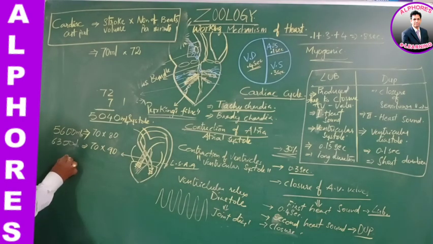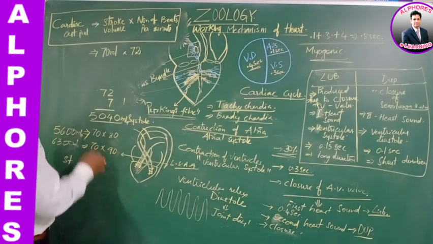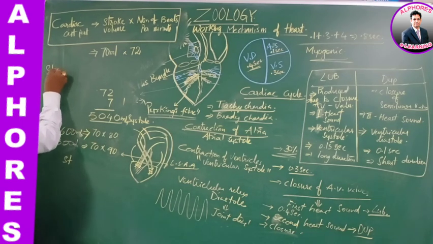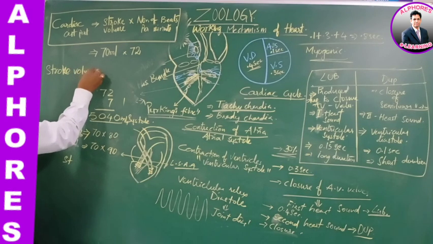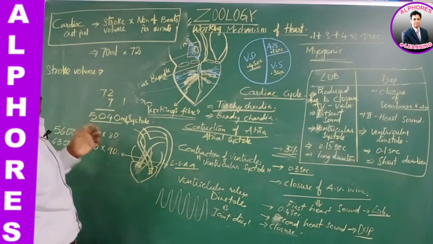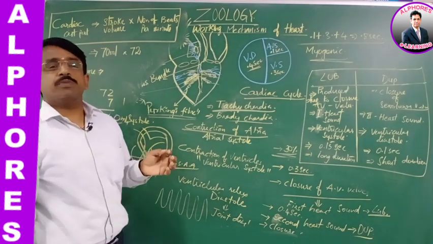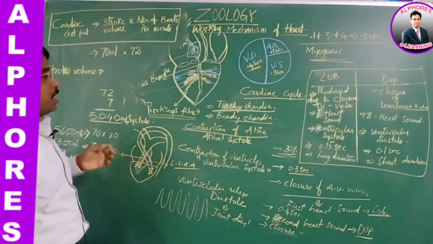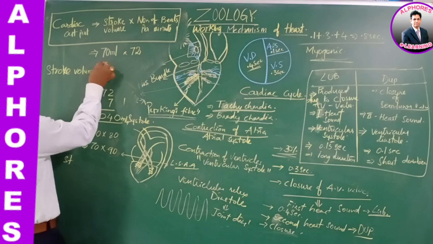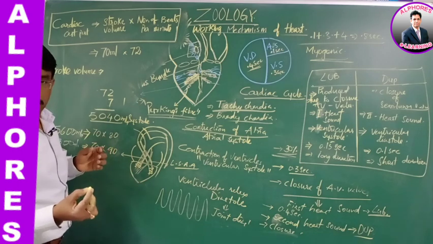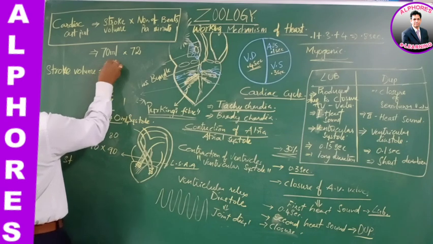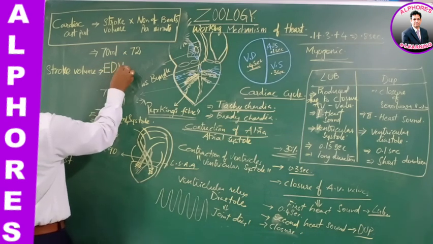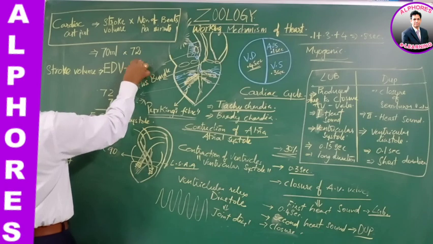Stroke volume can be written as an equation. This is the most important point, and keep in mind, in the entrance examination you are going to be expected such type of questions. Stroke volume is equal to end diastolic volume minus end systolic volume.